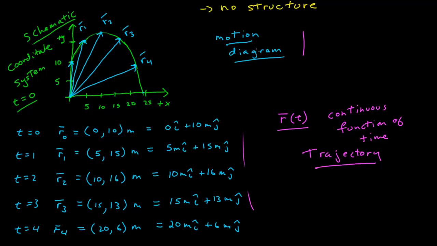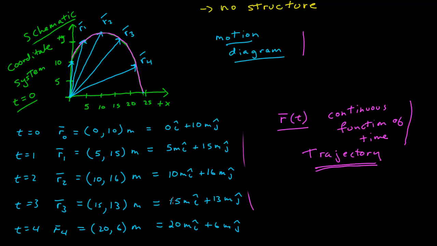So the motion diagram represents snapshots of the trajectory, which is a continuous function of time, and it describes then the motion of this particle for every point in time.